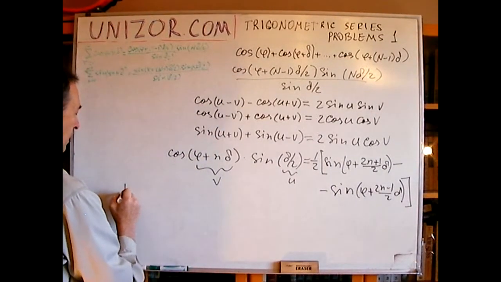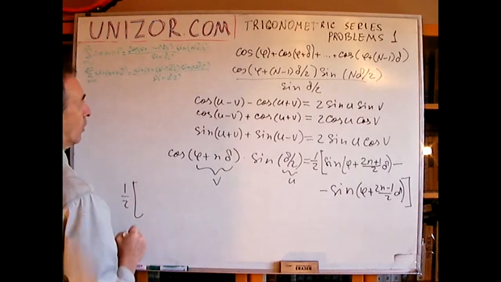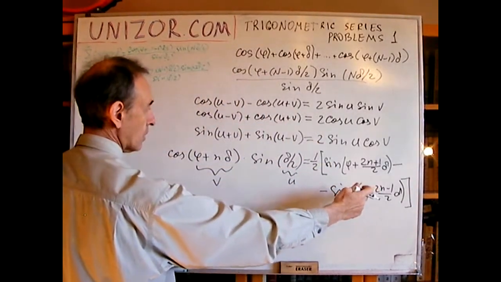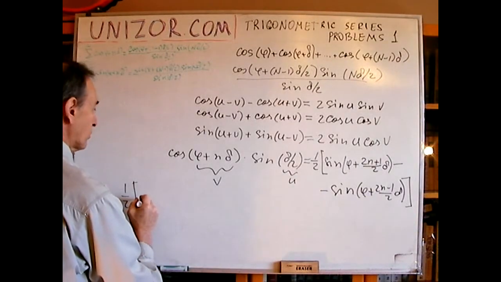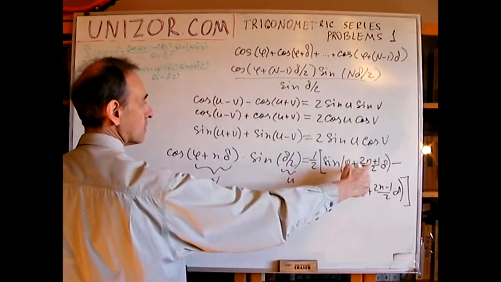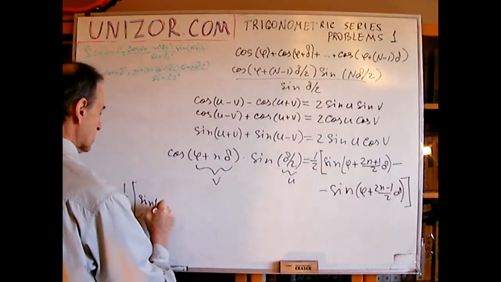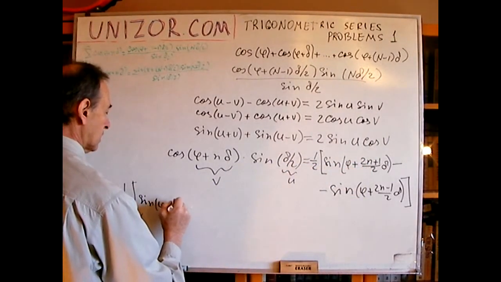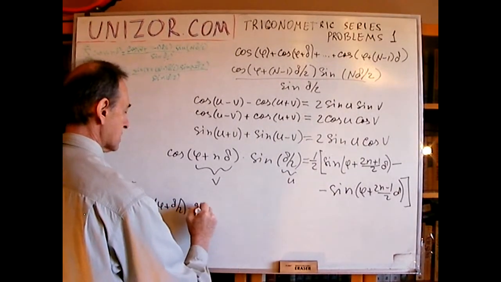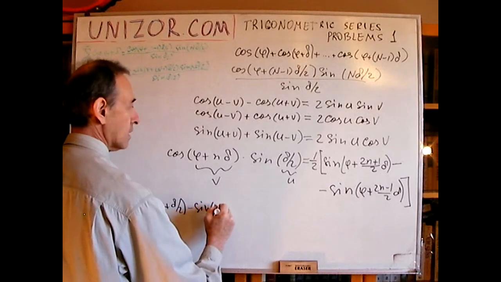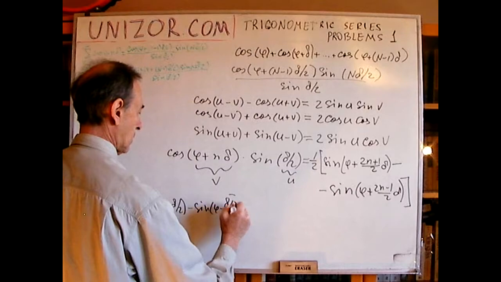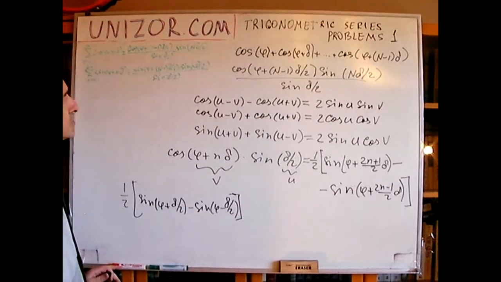So 1/2 over. Now, this is the member with n equal to 0. And so in my parentheses, I will have sine of phi plus delta over 2, minus sine of phi minus delta over 2. That's n equals 0.